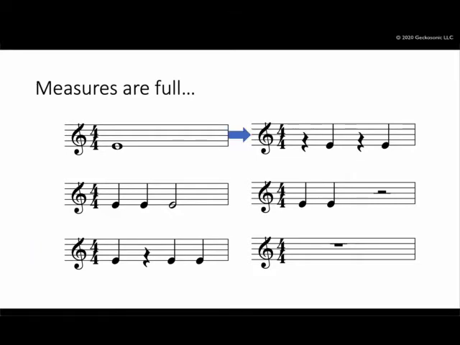Fourth example, we won't hear anything on the first beat. We won't hear anything on the third beat. So it kind of goes back and forth. So the first beat can be silent. Happens a lot. This next measure has 2 quarter notes in the first half of the measure and nothing in the second half of the measure.